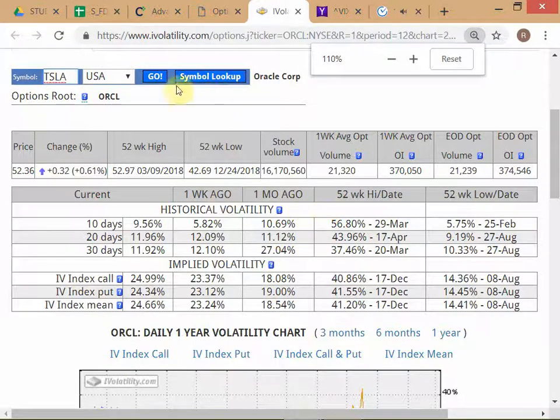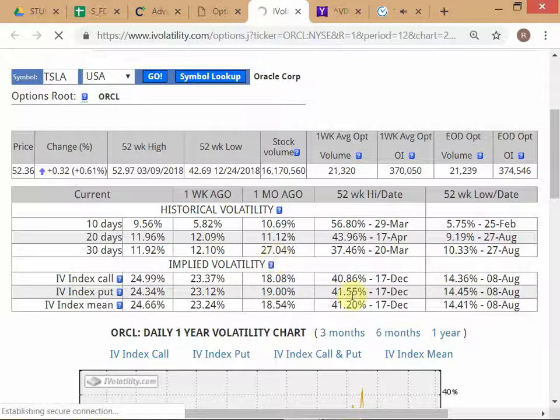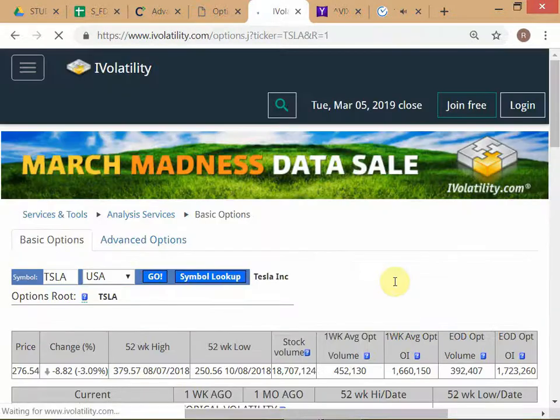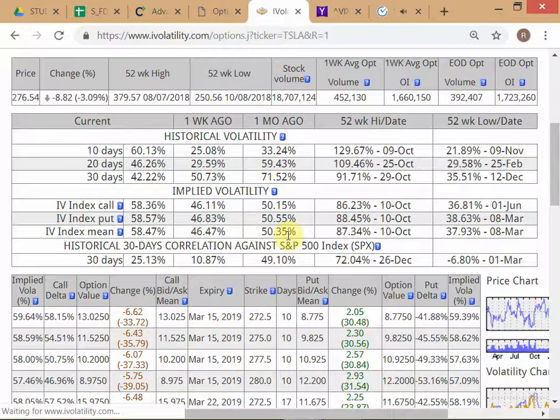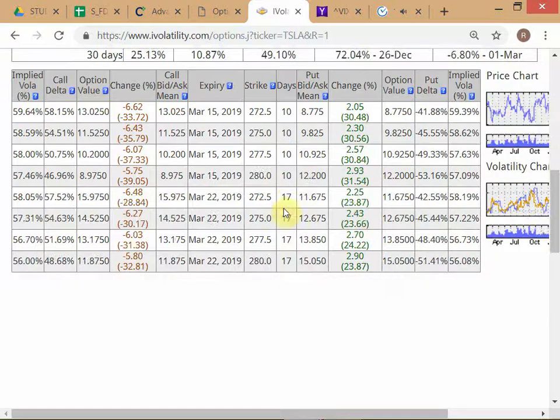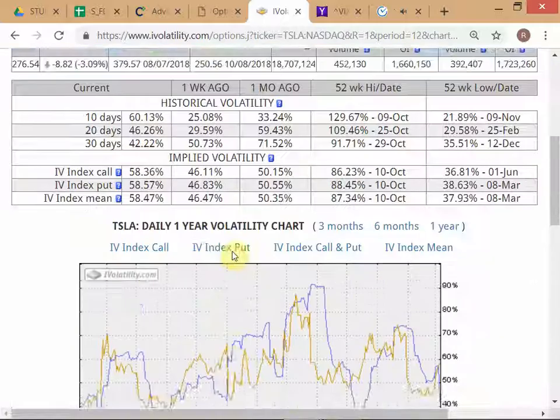If I take Tesla and I do go, I will get a response in terms of eyeball charts, and this is again the time series data chart, so it's not a good example.